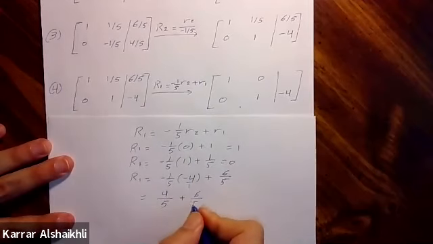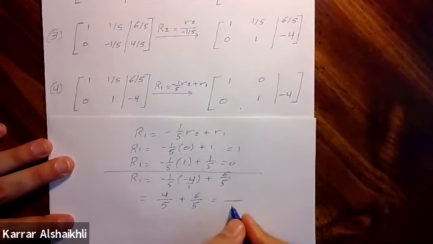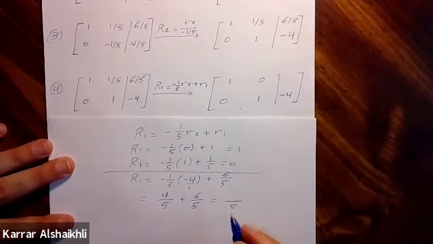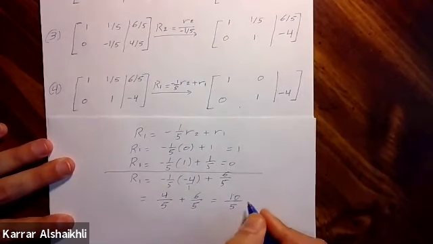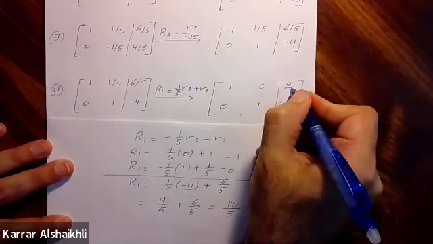Now, how are we going to add these two fractions? We have the same denominator, so it's going to be 5. 4 plus 6 is going to be 10. 10 divided by 5 is going to be 2. That means the number here is going to be 2.